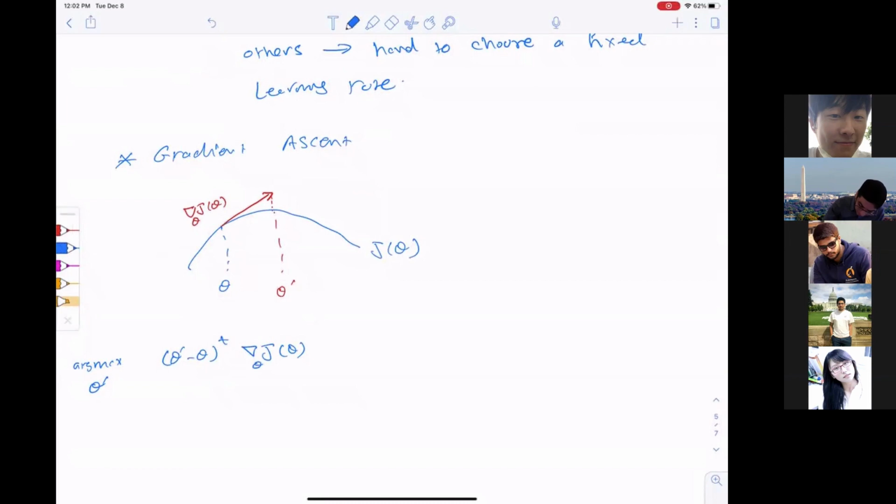But I don't want theta prime to be too far. I want theta prime to be relatively close to theta, so I don't want a really big distance between theta and theta prime. So this leads to my gradient ascent updates, that theta prime is theta plus, let's say, alpha times the gradient vector.